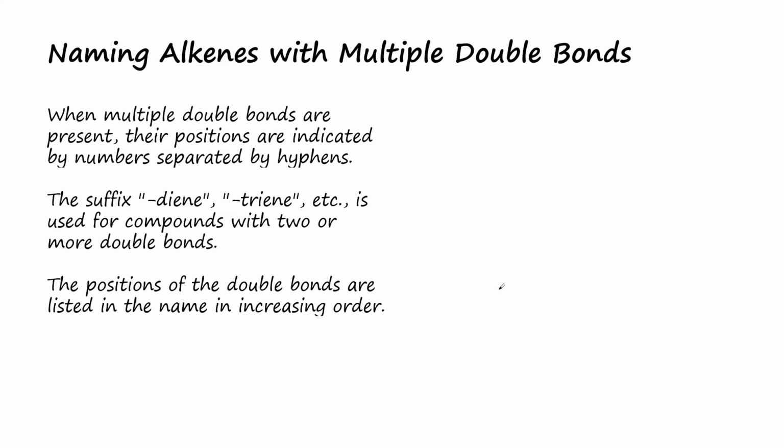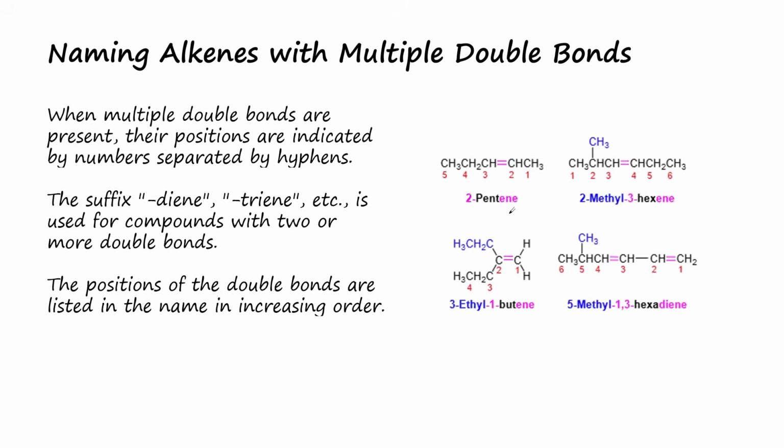The positions of the double bonds are listed in the name in increasing order. Let's look at this example: because we have double bonds at position 1 and at position 3, here we have 1,3-hexadiene, because there is more than one double bond.